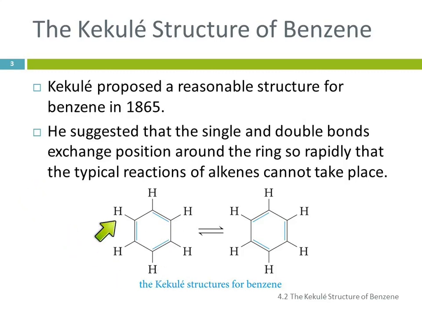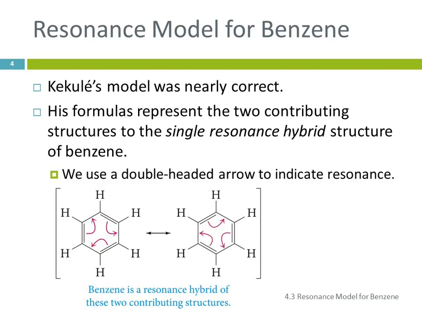And so we refer to this as the Kekulé structure for benzene, where we show alternating double and single bonds. And this would be in equilibrium with this other structure where the double bonds were in a different place. And so he said, well, maybe the double bonds are just moving around the ring so quickly that none of those reactions can occur. He was nearly correct.